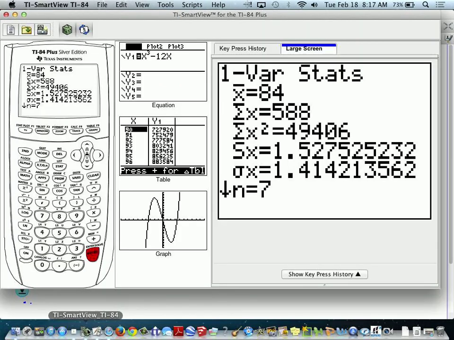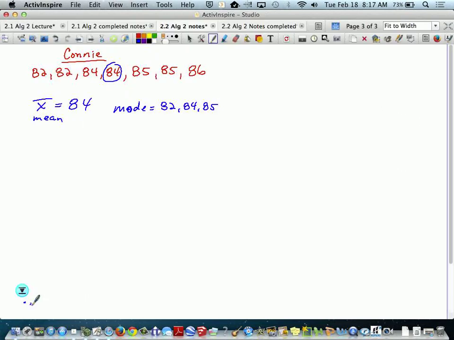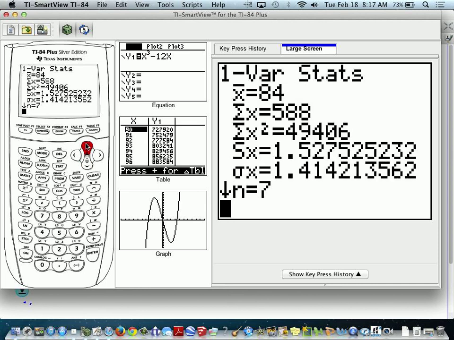On the calculator, if you scroll to the bottom, in your 5-number summary, the median is also 84. Supposed to find the range.